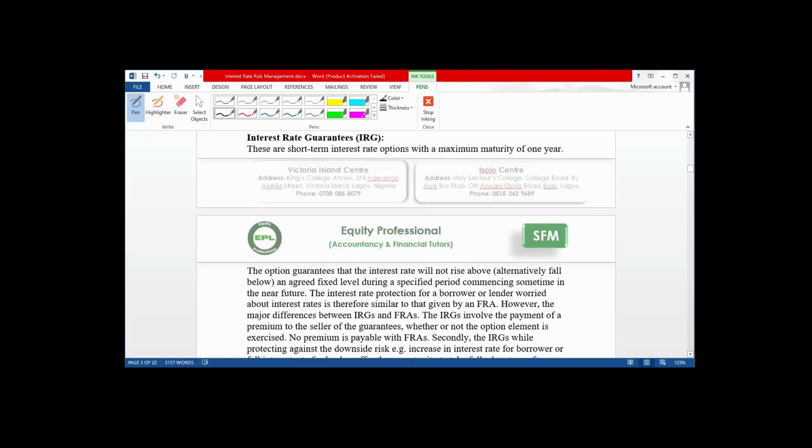Your interest rate guarantees can be used to protect yourself against adverse fluctuation in interest rates. You can use your guarantees to protect against downside risk.